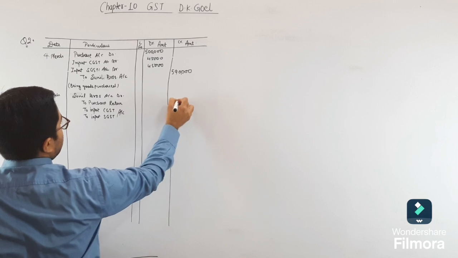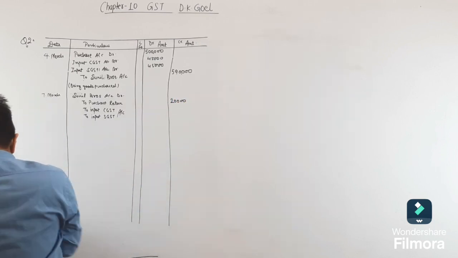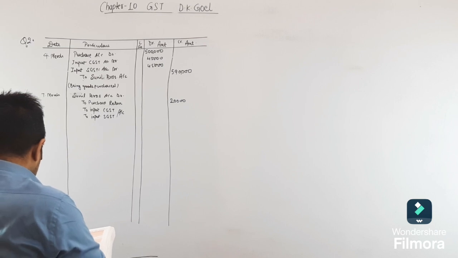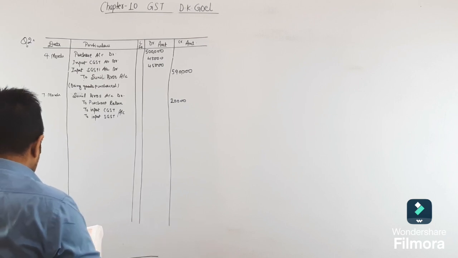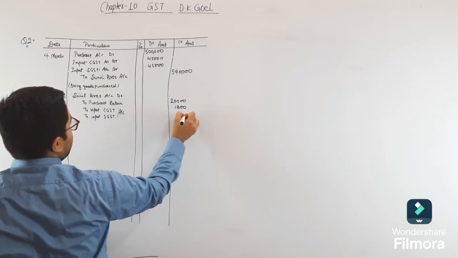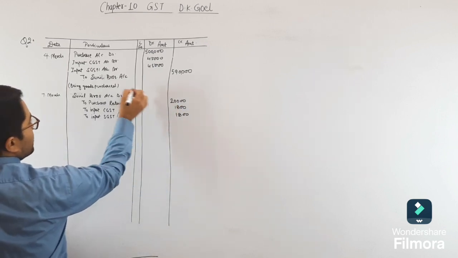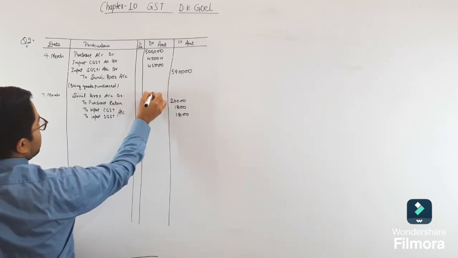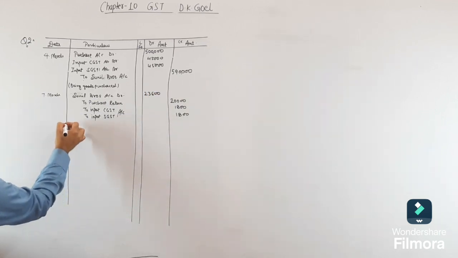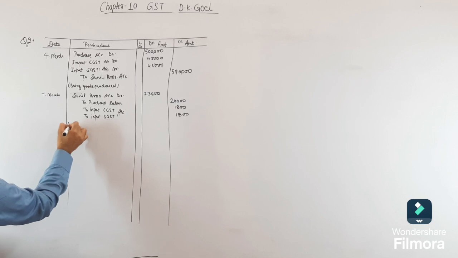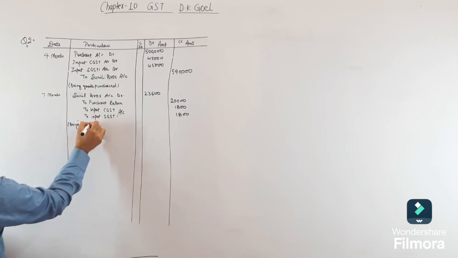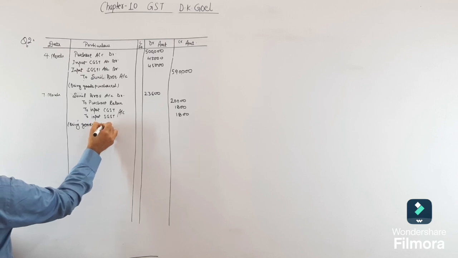We write here 20,000 and 9%, 1,800 each, total 23,600. Okay, I think this point will be clear. Being goods returned.